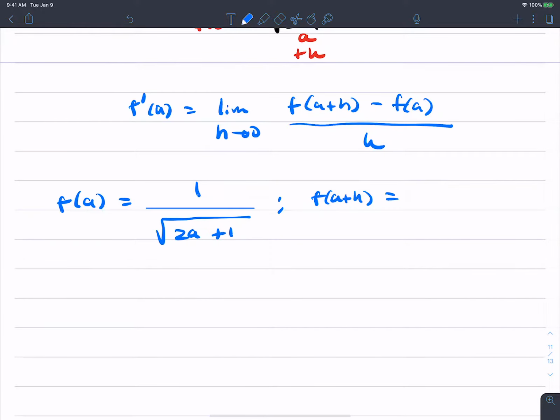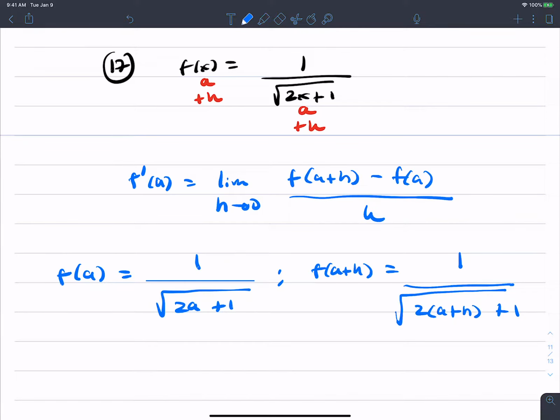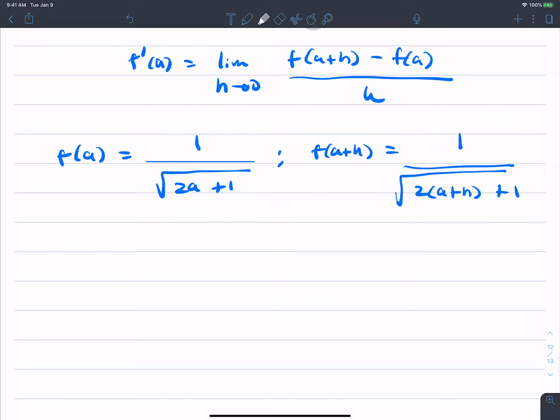F of a plus h is 1 over the square root of 2(a plus h) plus 1. Double check here, ladies and gentlemen. So you're plugging in for x now the a plus h. So you're going to end up distributing down there. But, you know, we could leave it as it is for now.